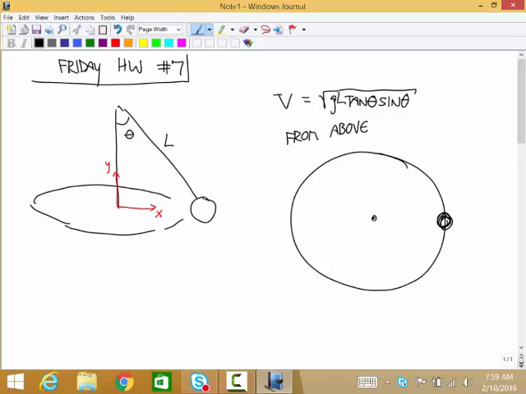There's the mass. What do we know about the velocity direction? We have to choose the direction it's spinning. It's going this way, which means it's going clockwise. So what's the direction of the velocity vector? Down.